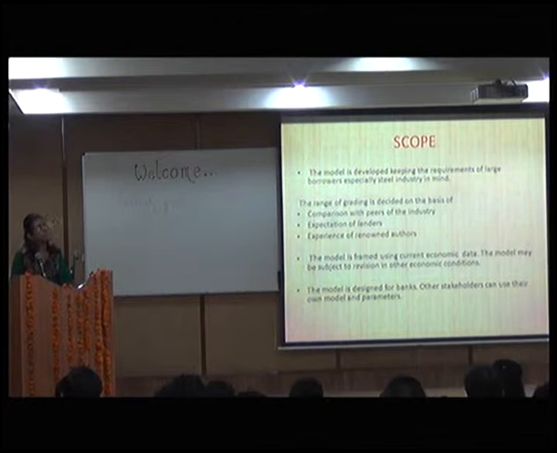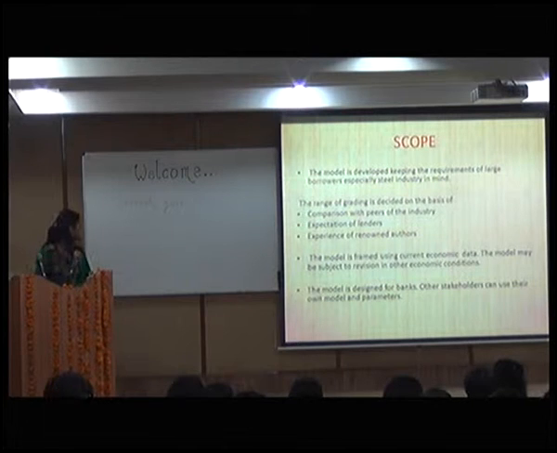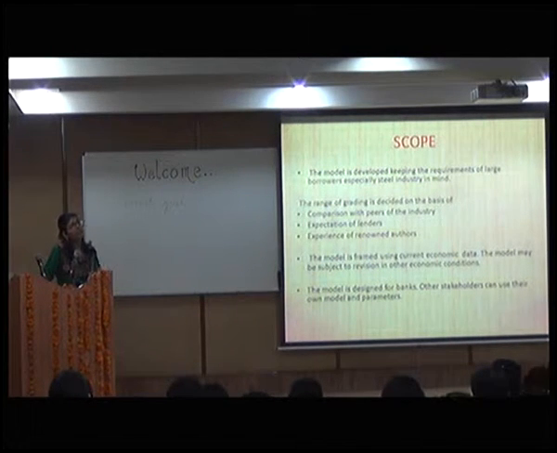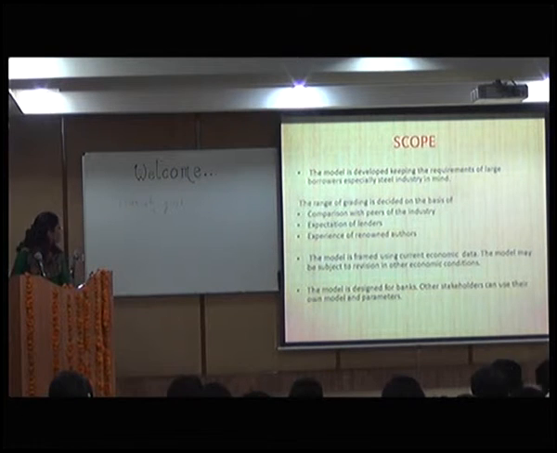This model is specifically designed for large borrowers, especially the steel industry, and the range of grading is decided based on comparison with peers of the industry, expectations of lenders and experience of renowned authors. And the model is framed using current economic data. This model is designed for banks, so if there are other stakeholders, they can develop their own model for it.